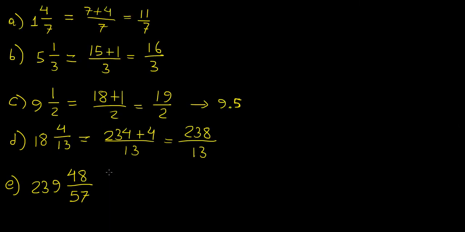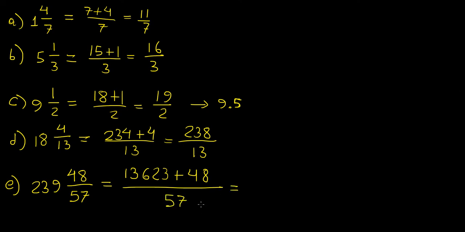And then for this last one here, that's going to be quite a larger number. Let's just put this in the calculator. We have 239 times 57, which comes down to 13,623 plus 48 on 57.